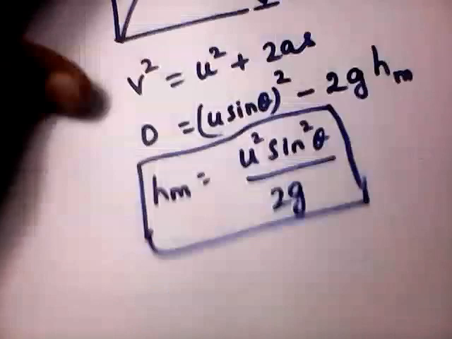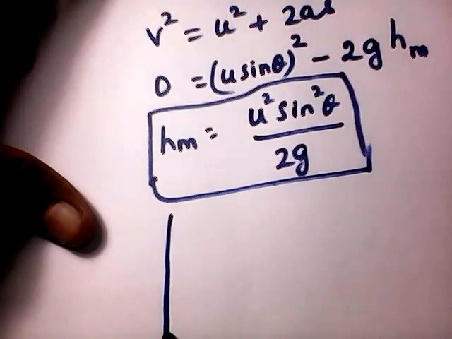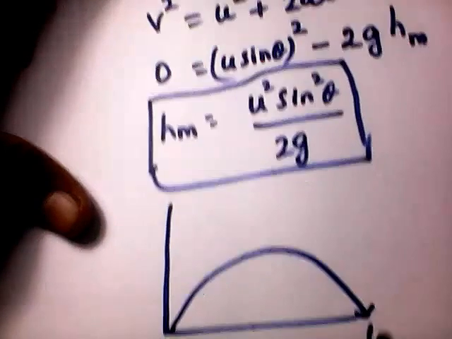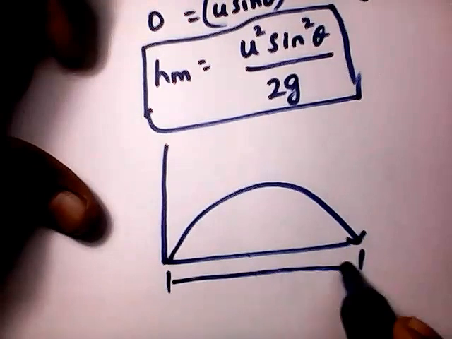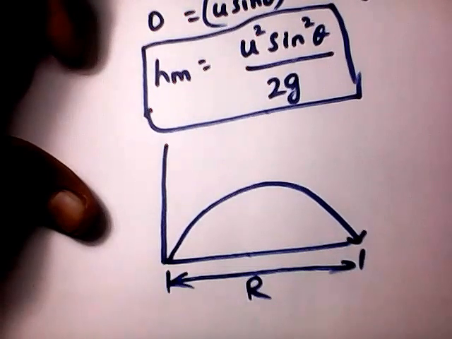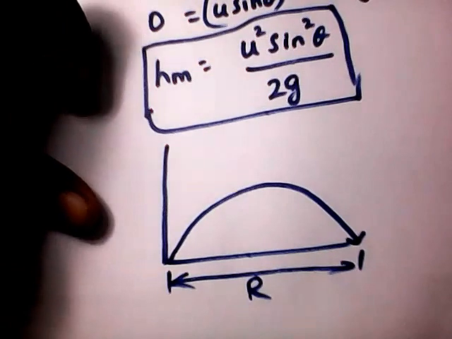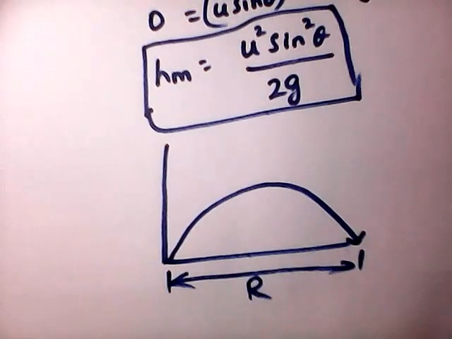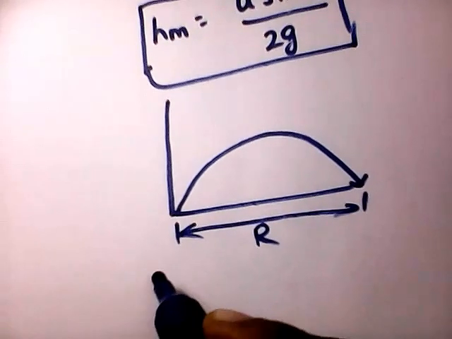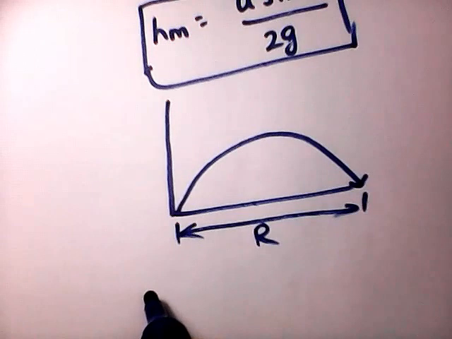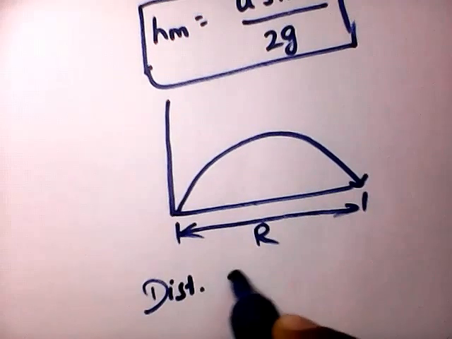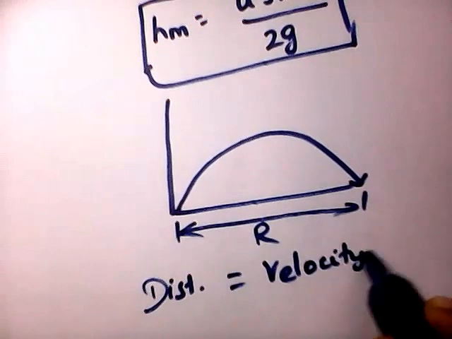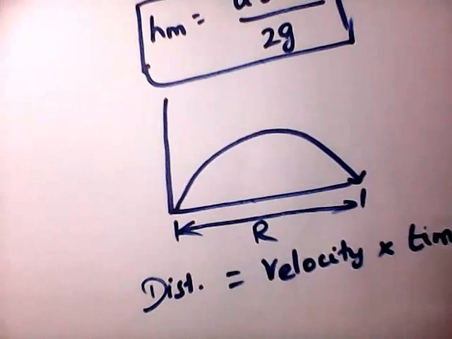Next we are going to find out the range. The range is nothing but the maximum horizontal distance it covers, called R. We know that distance is equal to velocity into time.